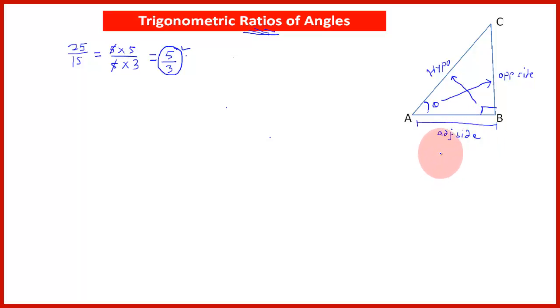So here we get 3 sides and 3 angles, total 6 parts. And from these 6 parts we get 6 trigonometric ratios.